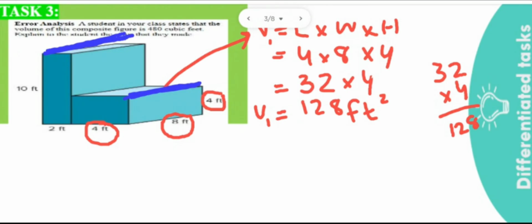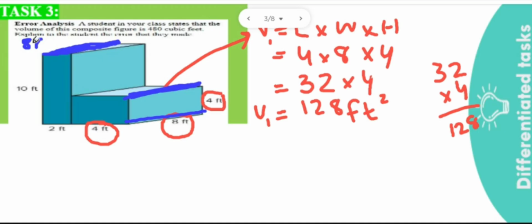This length is the same as this length and also the same as this length. Just like when you are climbing stairs, the longer side is the same throughout the staircase. So if this is 8 feet, this side is also 8 feet. We found the missing length.